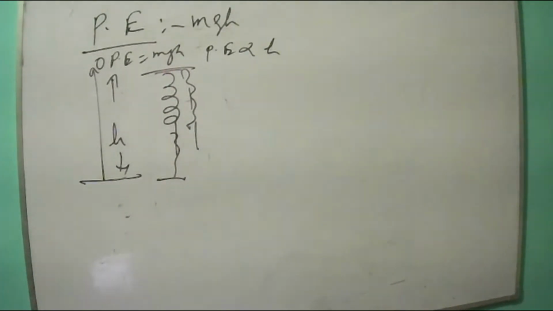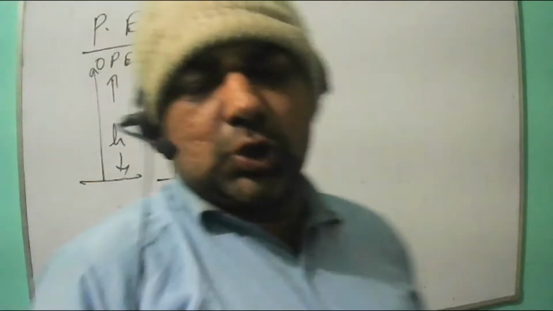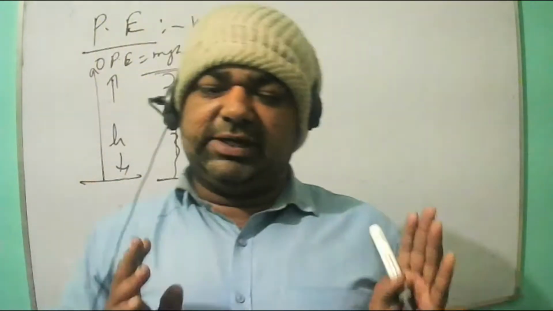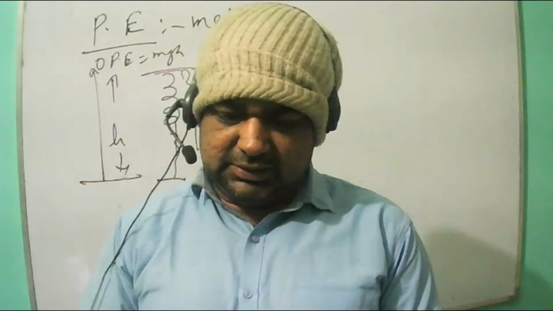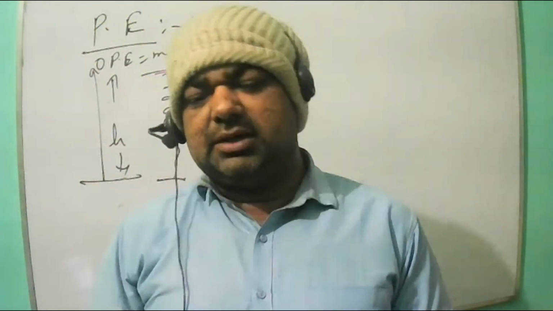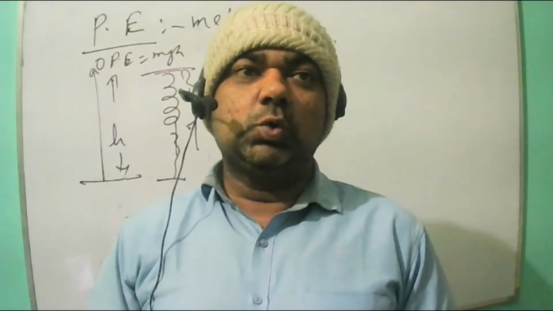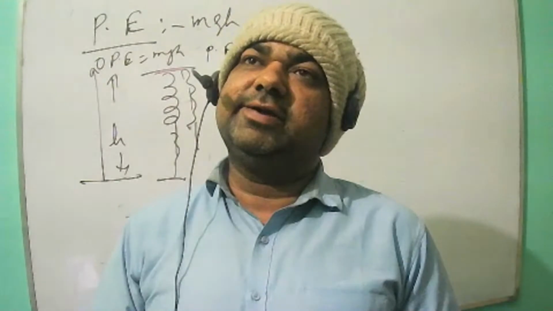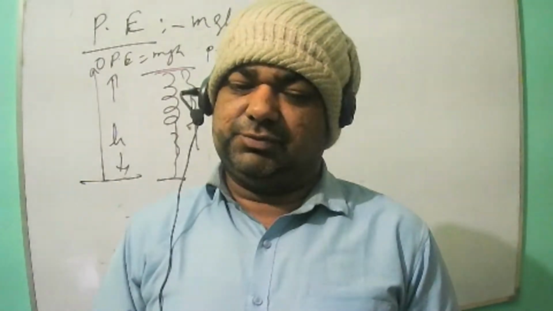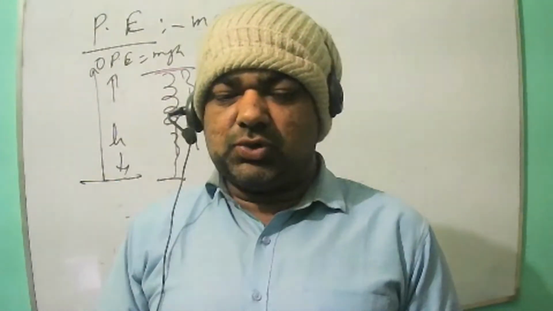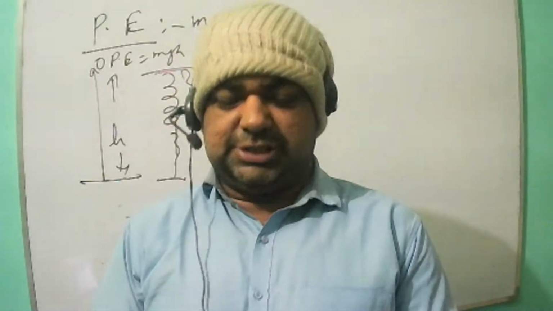This law states that the total energy of a given system remains constant. We cannot create energy, we cannot destroy energy, but we can transform one form of energy into another form. So this together is known as law of conservation of energy.